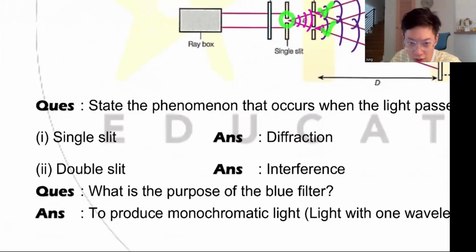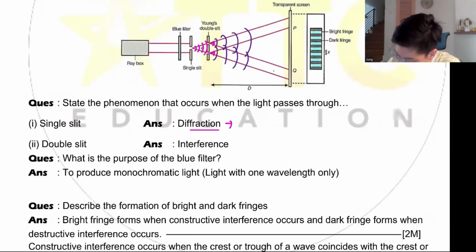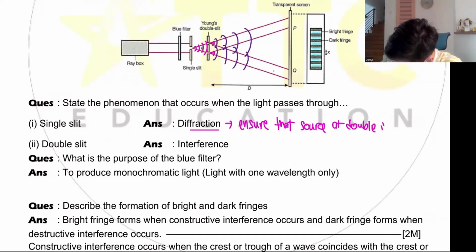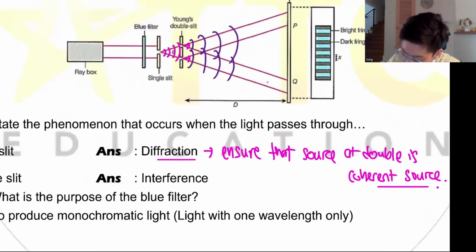Why do you want this to form a diffraction first? This single slit is to ensure that the source at the double slit is a coherent source. Because you see, light is very sensitive. We need the waves that come out from the double slit to be identical to each other.